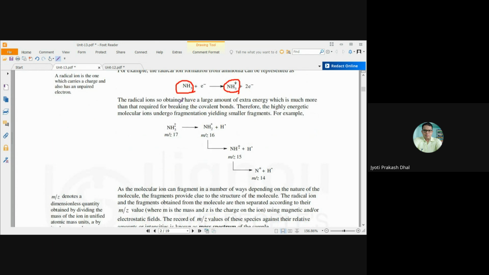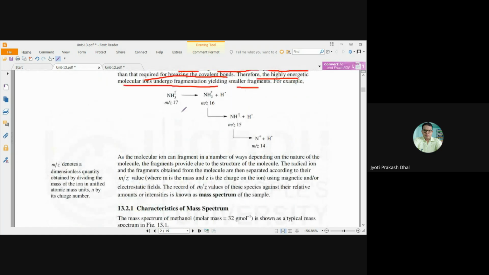So the radical ion obtained has a large amount of extra energy, which is much more than that required for breaking the covalent bonds. Therefore, the highly energetic molecular ions undergo fragmentation, yielding smaller fragments. For example, the ammonia radical ion becomes very unstable, so that will undergo fragmentation to form different types of fragments.